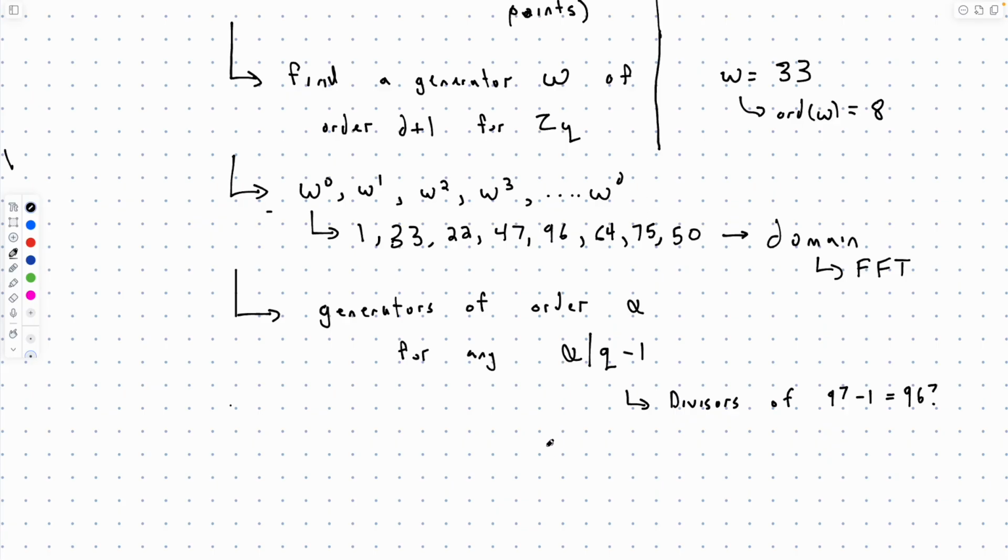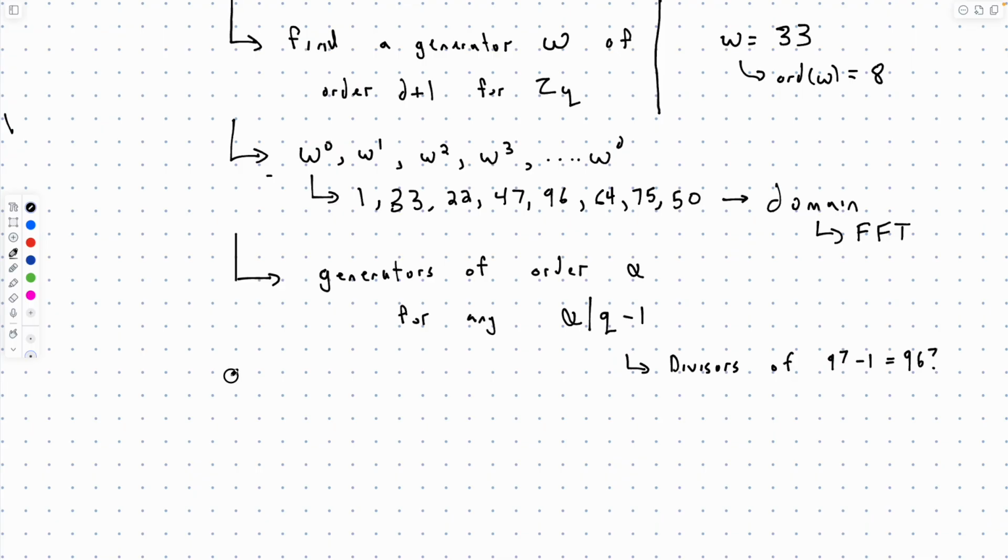Okay? Now, the final thing I would note is just a notational note. Okay, so I said the order of omega equals d+1. And I'm just going to make this 8 for a second here.